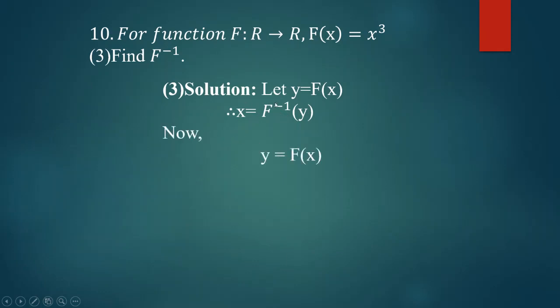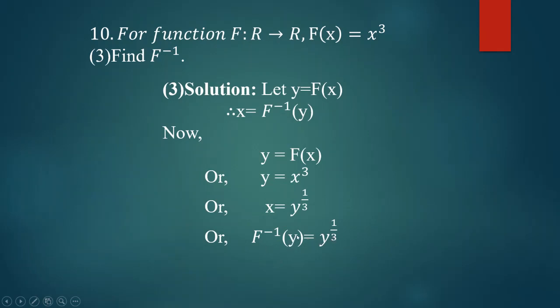Now our supposition is y equal to f of x, and f of x equal to x cube. Now applying cubic root on both sides, you get x equal to cubic root of y. But we get here x equal to f inverse y, so f inverse y equal to cubic root of y.